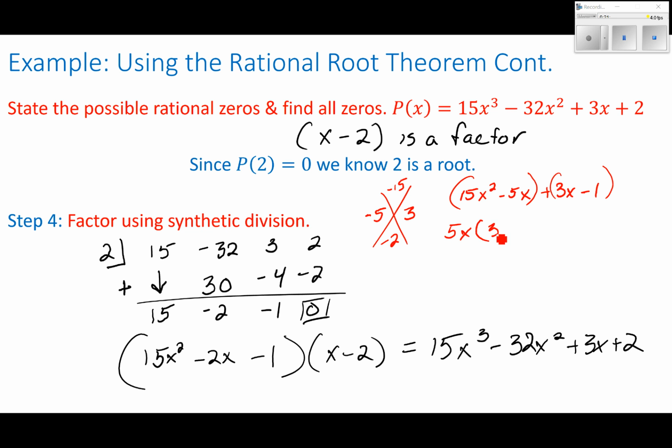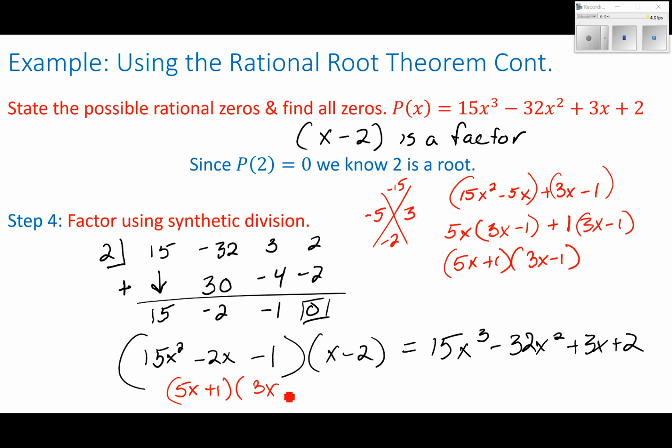So this would be 3x minus 1. This becomes 3x minus 1. Conveniently, all I had to do was factor out a 1 from that, and it's a positive 1. So I end up with 5x plus 1, 3x minus 1. So this is 5x plus 1, 3x minus 1 times x minus 2.